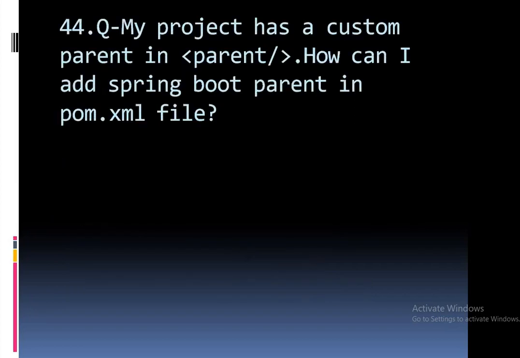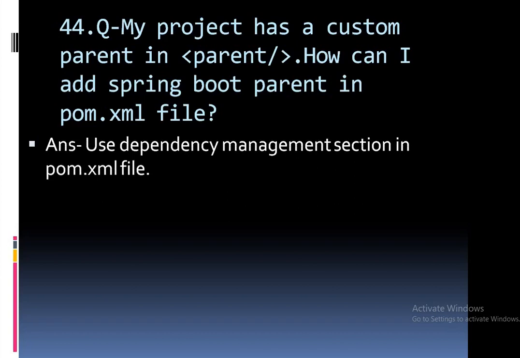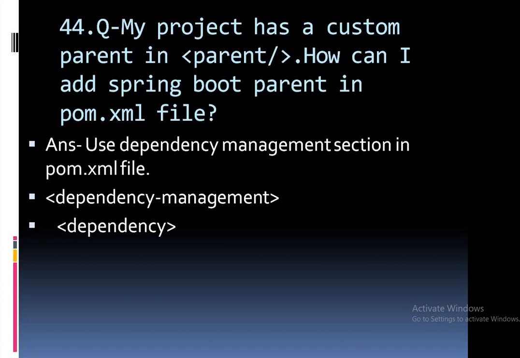My project has a custom parent. In that case, how can I add Spring Boot parent in pom.xml? First, use the dependencyManagement section in the pom.xml file. We need to add the dependency only.